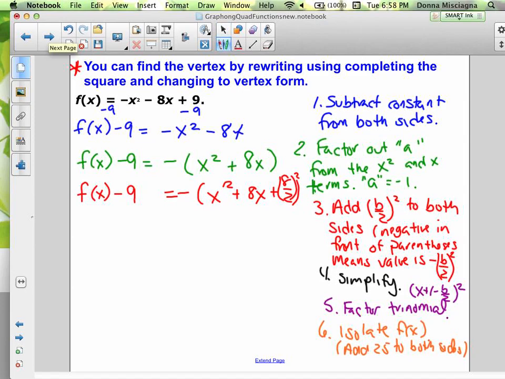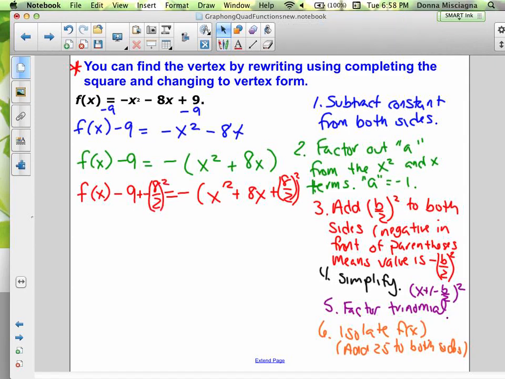All right, so now I added something to one side, I need to add it to the other. But did I really add 8 divided by 2 squared? So we need to think about it. What happens if I distribute that negative back? Well, the sign of that term is going to change. It won't be positive anymore, it's going to be negative. So I really didn't add b divided by 2 squared. I added in a negative b divided by 2 squared.